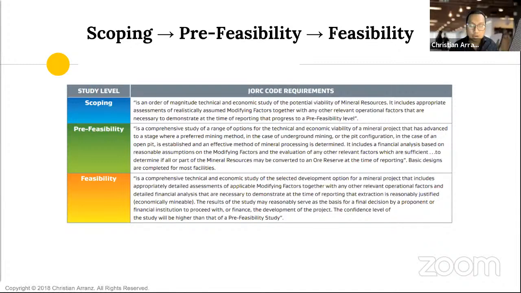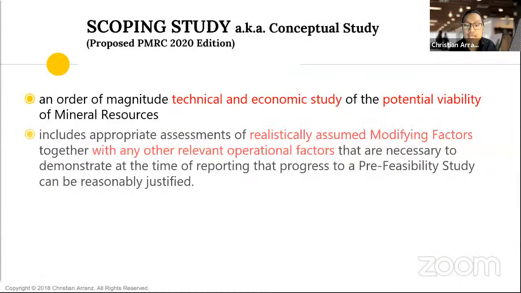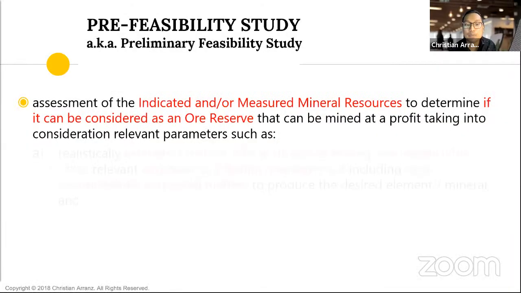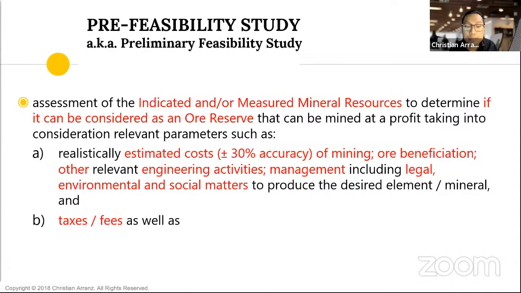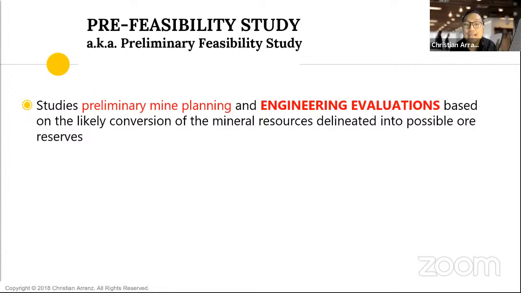Even though it's collectively called feasibility studies, there are three levels. You have the scoping, okay? The scoping or conceptual study, okay, na-discuss na nga natin to. And then we also have the second part, which is the pre-feasibility or preliminary feasibility study, okay? We talked about ano ba yung accuracy niya. So, plus minus 30%. So, mukha siyang malaki, no? Pero actually, normal yun.